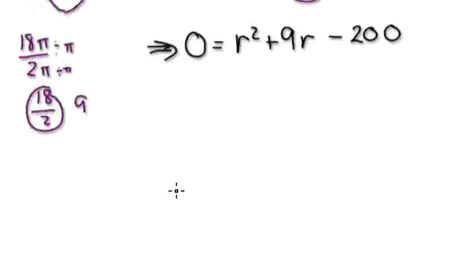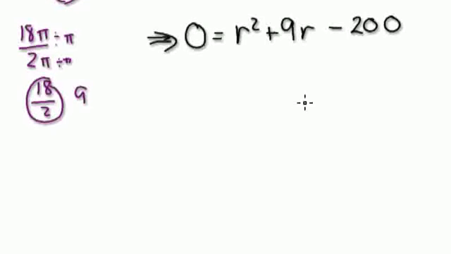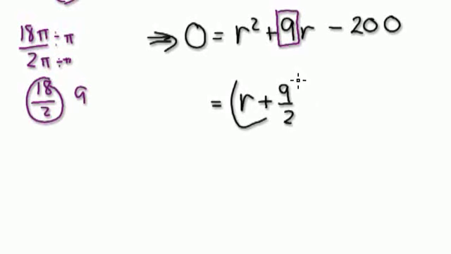Now can we easily factorize this? I don't know. I'm just going to use our technique here. I'm going to need half of this. So this will be r plus 9 over 2, squared, and then minus the rubbish straight away.